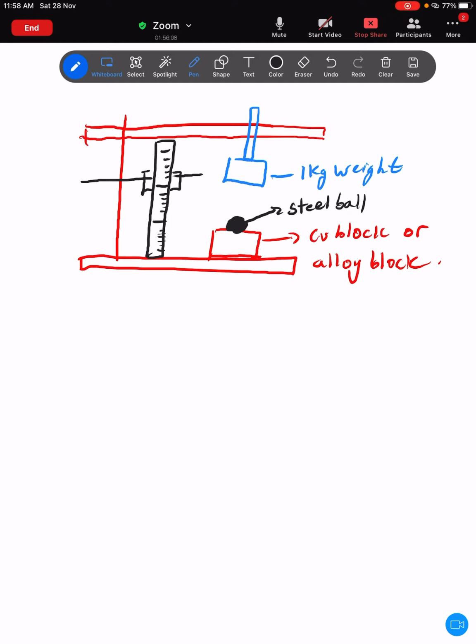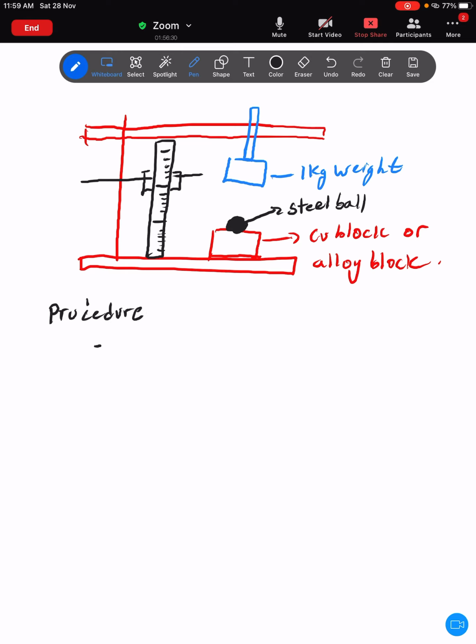So I know the drawing is not really good, but basically the setting is something like this. Once you already have the setup, then you can start to do the experiment. Okay, the procedure, because the question do ask about the procedure.